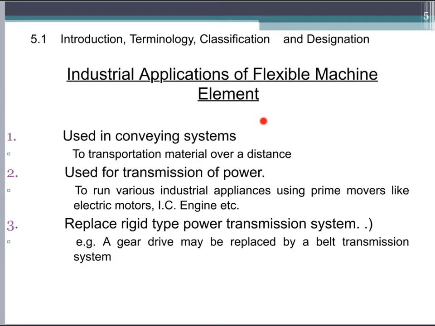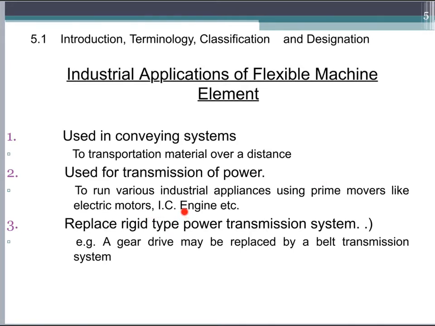For flexible machine elements in industrial application, there are some applications we can see here. First, usually flexible machine element is used as a conveying system, to transport material, such as by using conveyor belt. Second, of course, used for transmission of power, using prime movers like electric motor or engine.